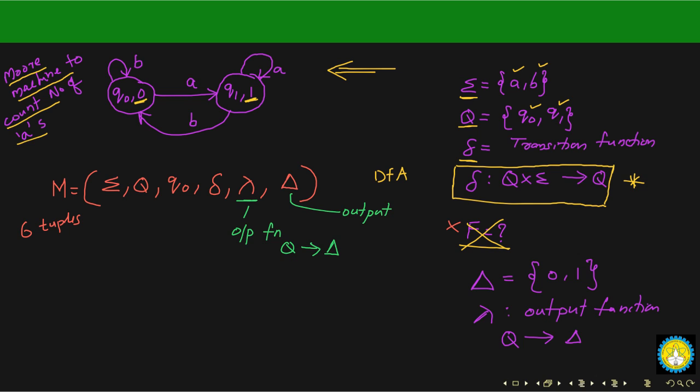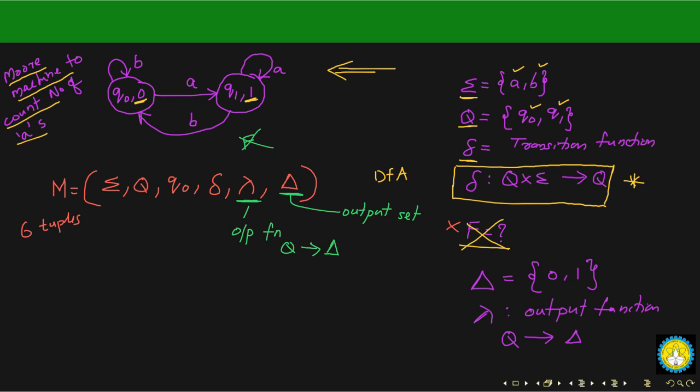So these are the only 2 variations from the DFA definition. Again remember that we don't have a final state in this definition. Instead, we have an output function and an output set. This is very important. This is how the mathematical definition of a Moore machine is done.